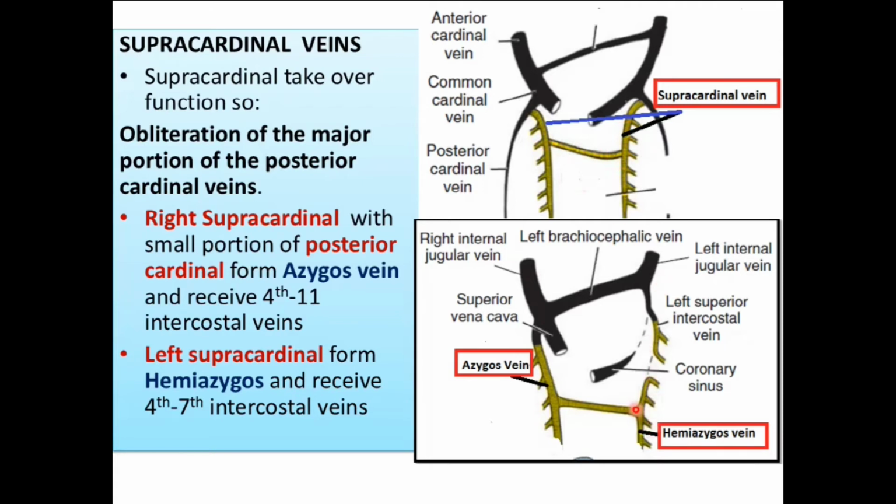So this anastomosing channel will remain functional in the adult life to connect the hemiazygos with the azygos vein.